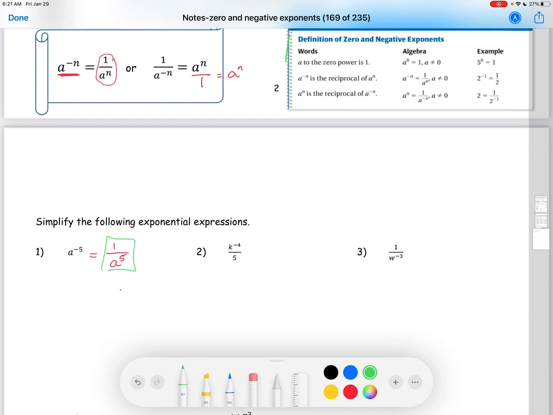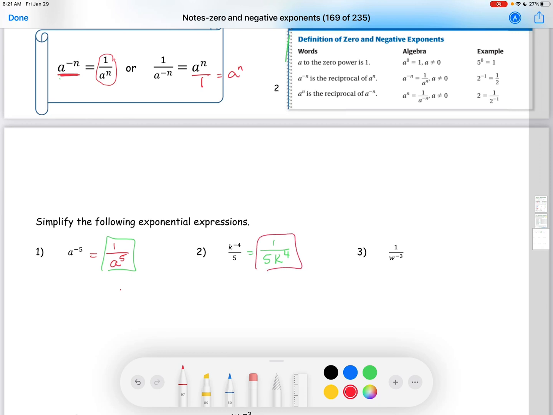With number 2, we have k to the negative 4 over 5. Same rule: a to the negative n, that means that k to the negative 4 is going to go in the denominator. So this actually will become 1 over 5 k to the 4th. We make that exponent positive by putting it in the denominator.